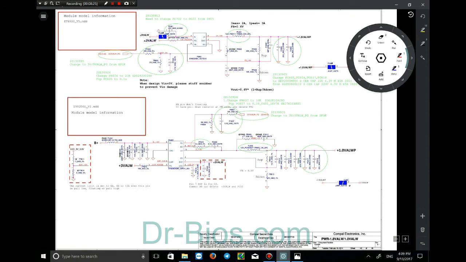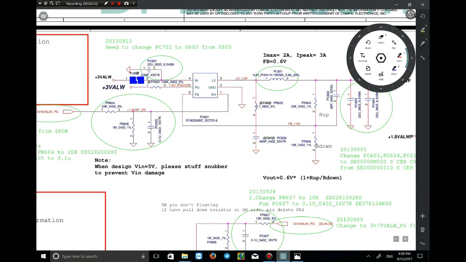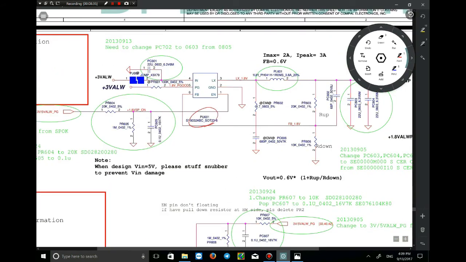I'll go to page 34 now, code 600. Look at here. PU 601, PR 606, PL 601, PC 605, PC 603, PR 602.